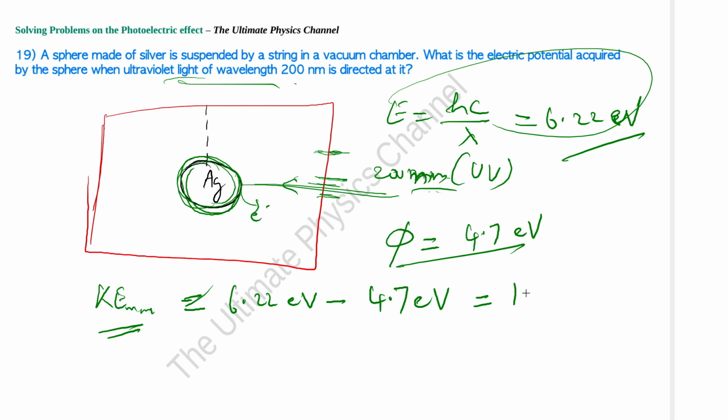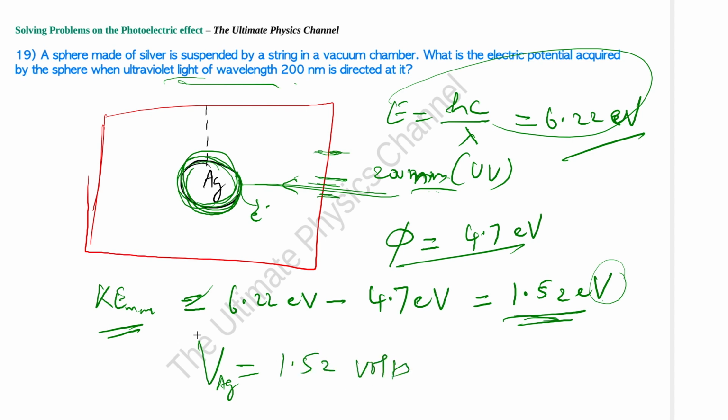That would be about 1.52 eV, right? 1.52. And therefore, the electric potential acquired by the metal sphere must be around 1.52 volts. That is the answer to this question.